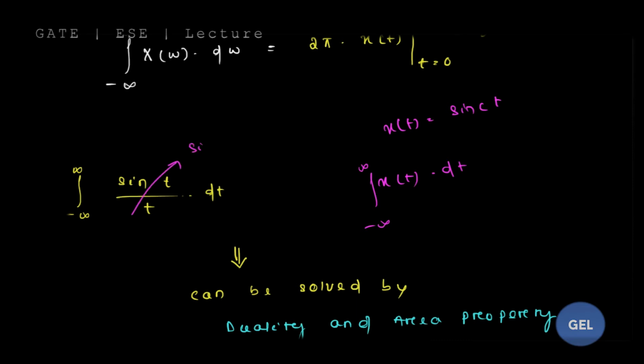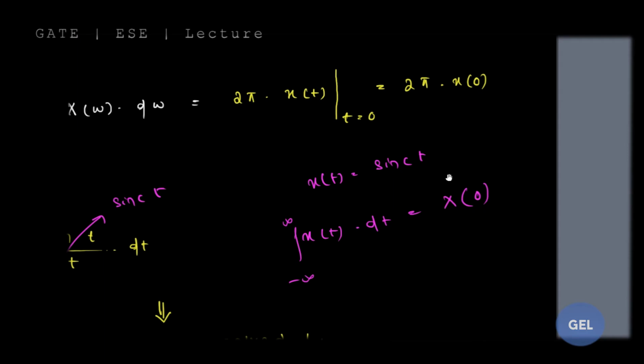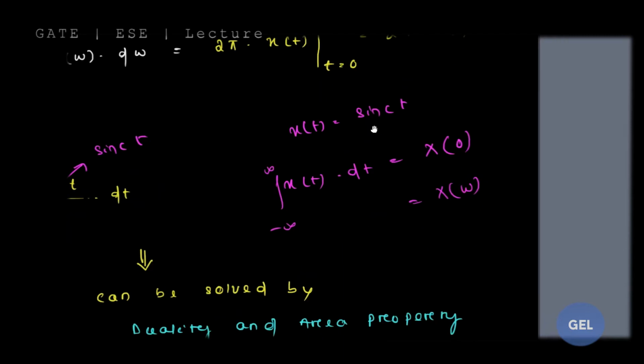I can write it down in terms of sinc t also. Yes or no? So instead of writing sin t by t, I can write sinc t. So x of t is nothing but sinc t. It is asked: the integral of x of t dt from minus infinity to infinity, what is the value? The value will be nothing but x of 0. This is the area property, x of 0. To find x of 0, I need to find x of omega, so I need to find the Fourier transform.